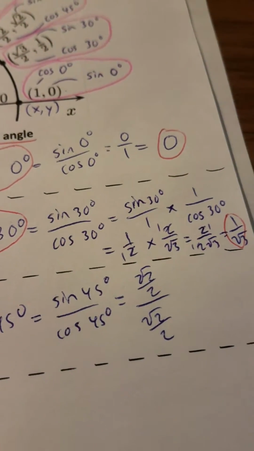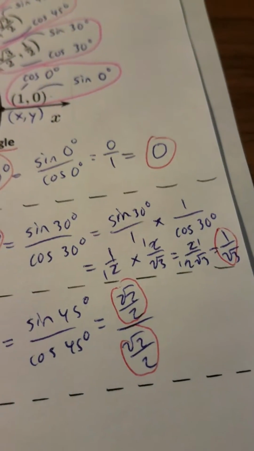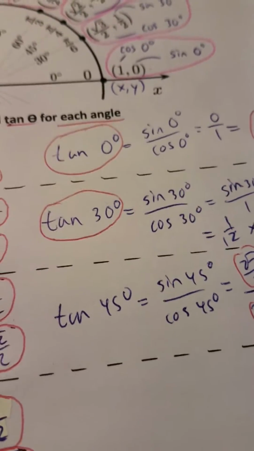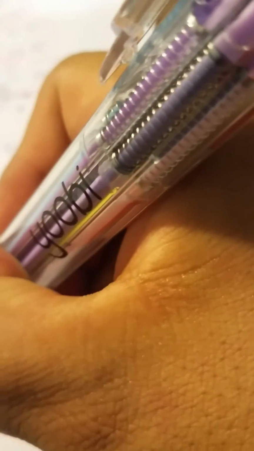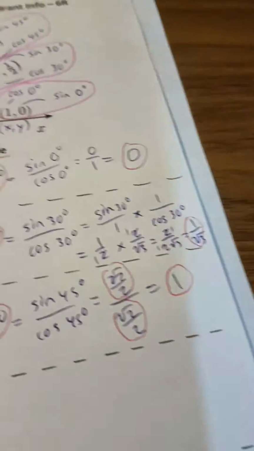The same thing over the same thing. Of course, anything divided by itself is just 1. So the tangent of 45 is 1. So just see here how you're calculating tangent. You're doing a division of sine theta over cosine theta.